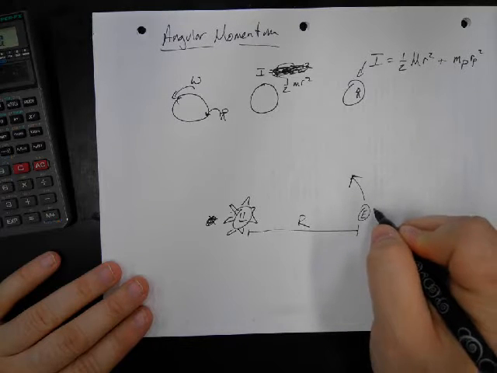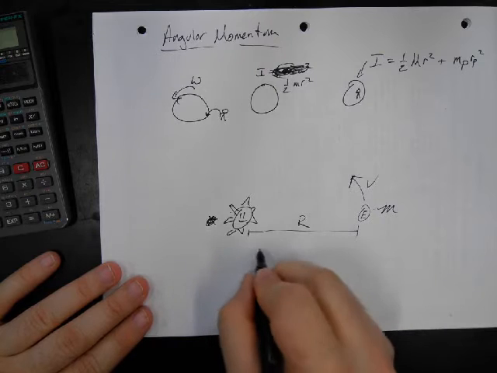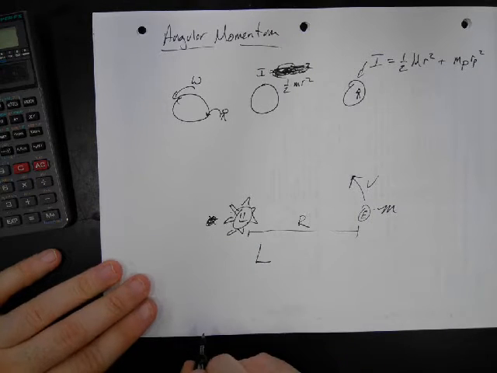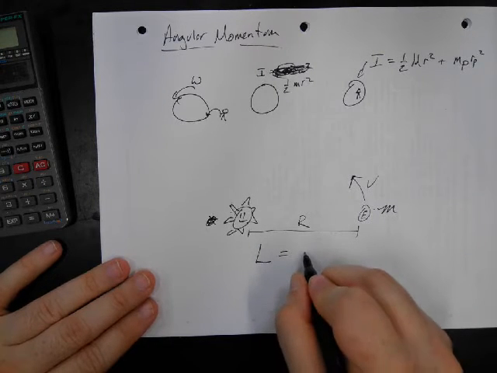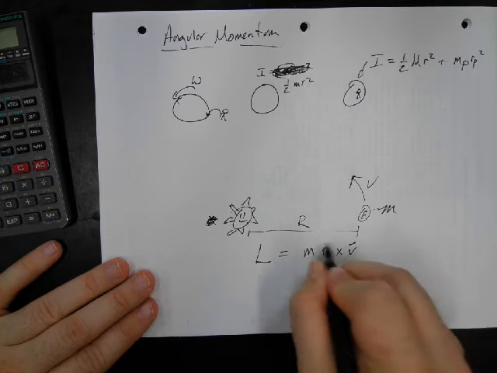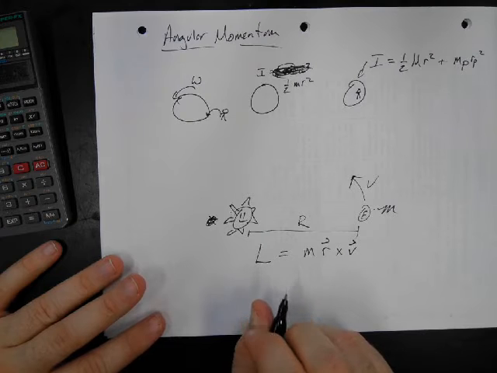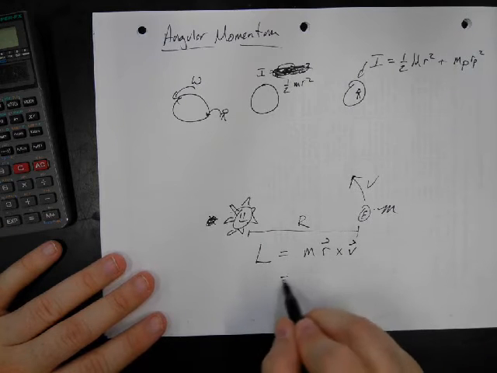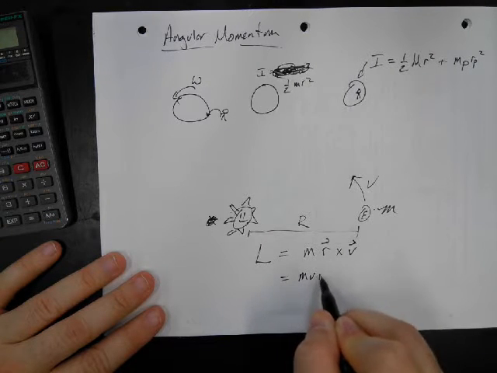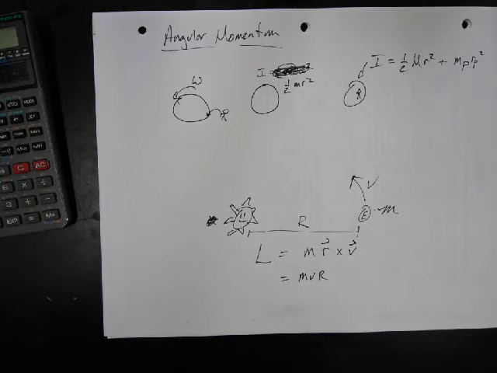The Earth has some mass m, and it's moving with some velocity v. The angular momentum is what we're going to call L, is m r cross v. And in general, we'll just simplify that as mvr, because this is almost always going to be at right angles for rotation.